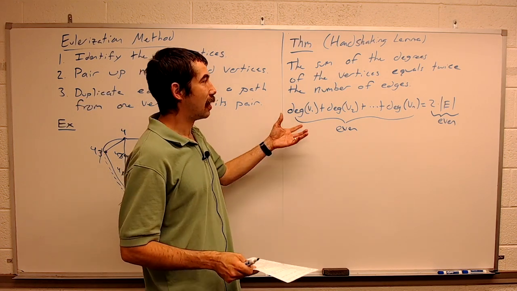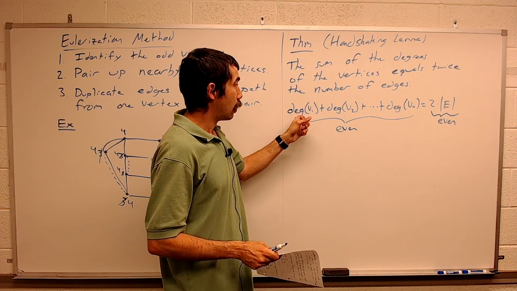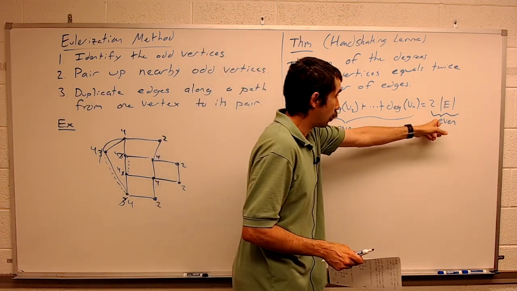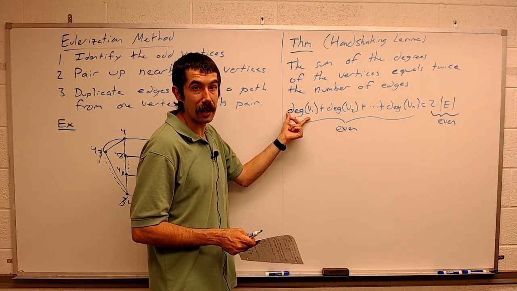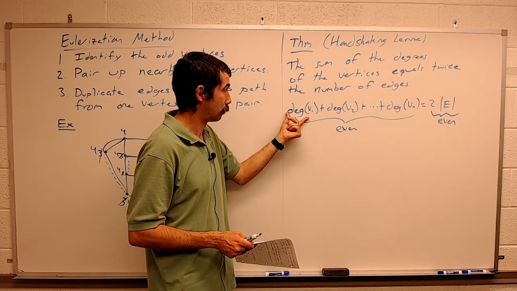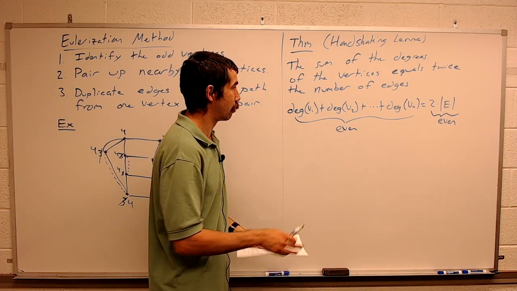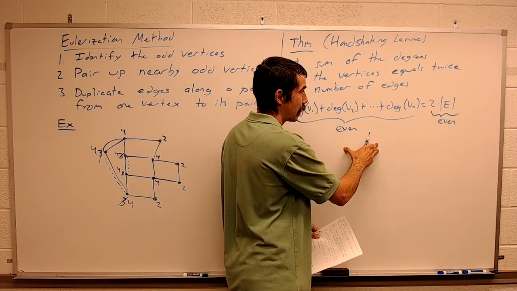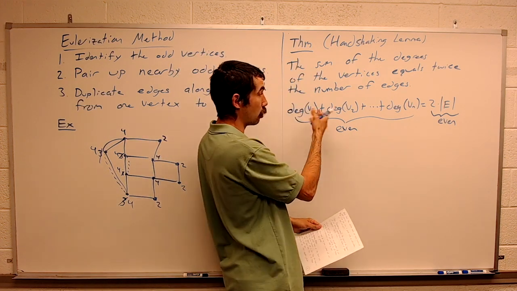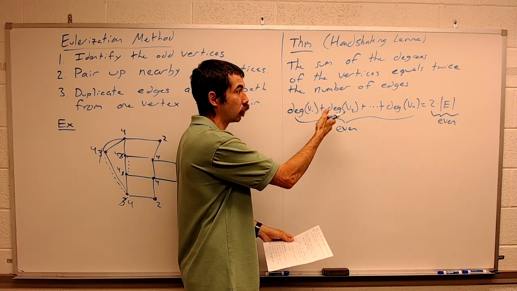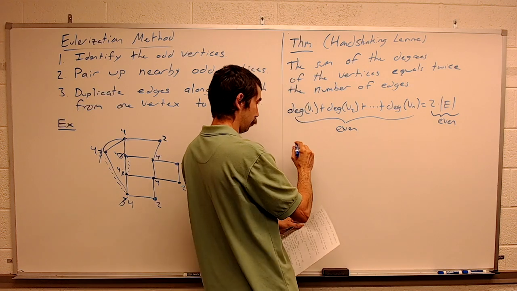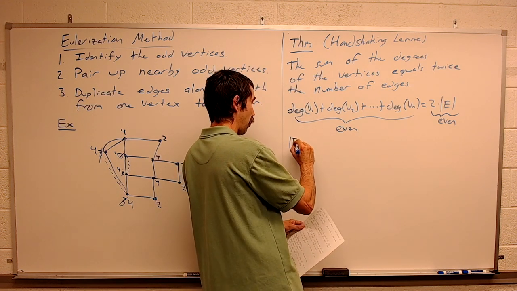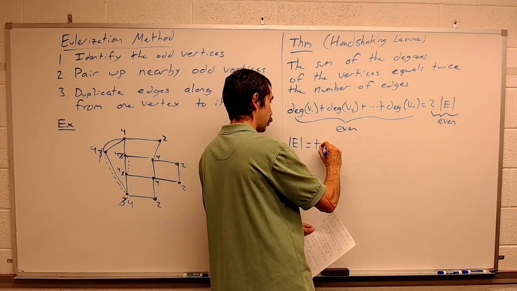And this says that basically the degree of a vertex is the number of people you shook hands with. Okay? And so it's the total number of each person's handshakes, which would be, so the number of edges is the total number of handshakes.